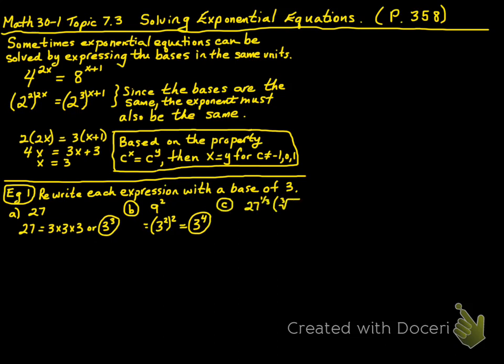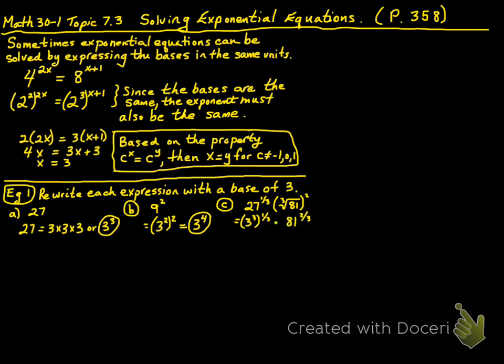Lastly, if we take something more complicated, like 27 to the power of 1/3 times the cubed root of 81 squared, we can express 27 to the power of 1/3 as 3 to the 3rd to the power of 1/3. And the cubed root of 81 to the power of 2 would be 81 to the power of 2/3.